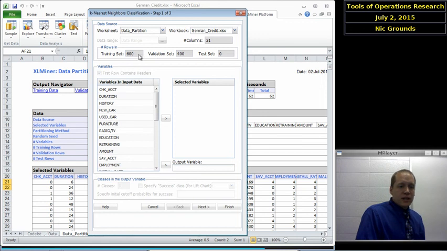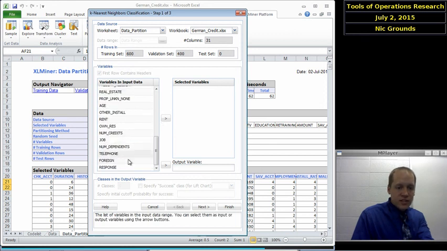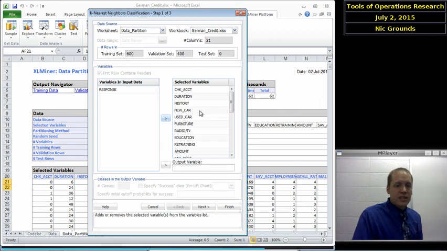So here it's asking me, step one, it's telling me of the 600 training, 400 validation records, I need to know which is the variable or the field that you want to classify versus all the other fields you want to look for the pattern in. So I'm just going to find all these fields except for the response field, highlight them, and click this button to make them the selected variables.